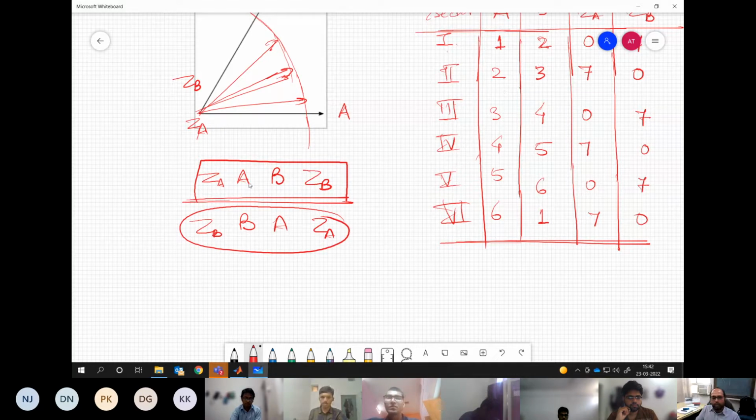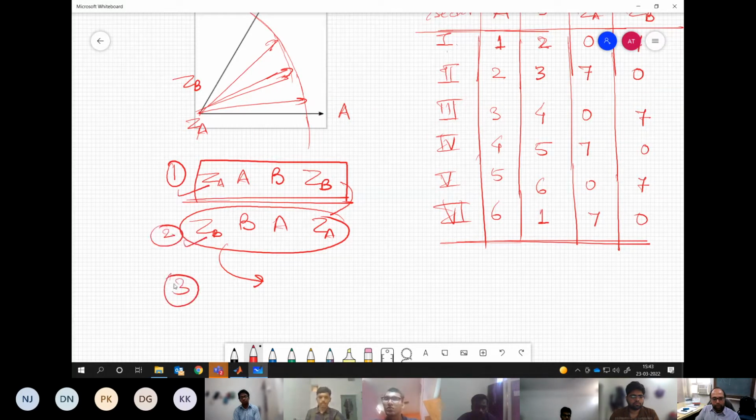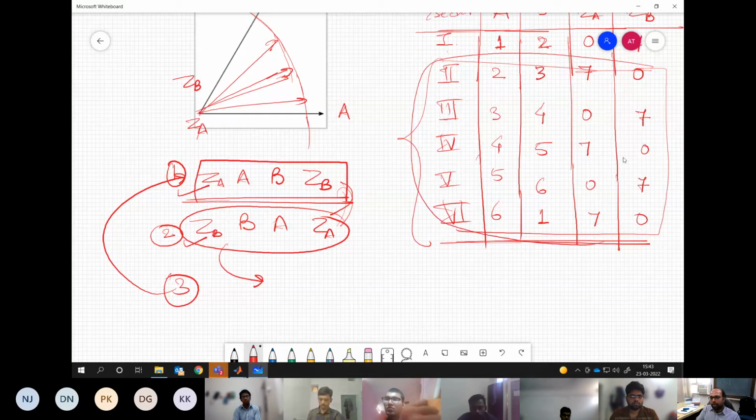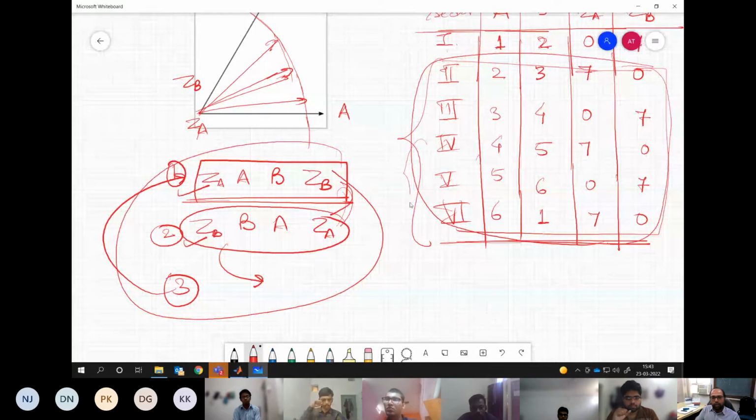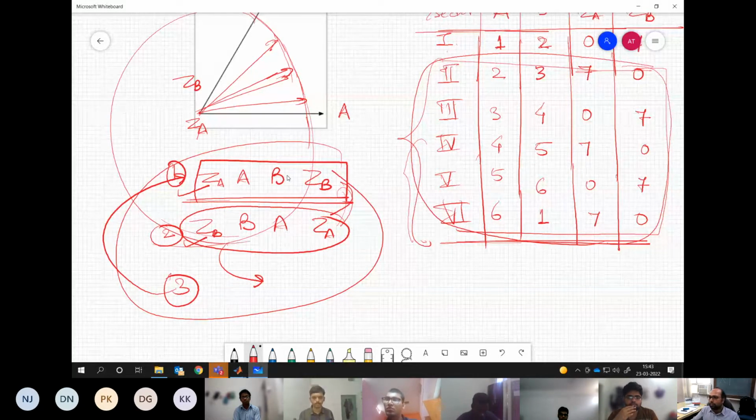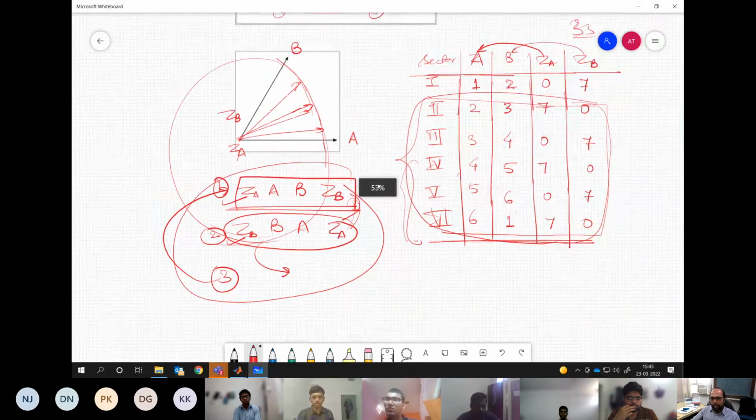For sector 1 this becomes 0, 1, 2, 7, 7, 2, 1, 0. And for each sample you keep changing this. Let's say for sample 1 you keep this, sample 2 you keep the other, sample 3 again you go back to sample 1. So you keep alternating between the two within a sector. And from this lookup table you keep picking up the vectors properly for the corresponding sector. You will find that only with this much effort you will be able to realize the complete space vector. Understand the point, or is this going a little bit heavy?